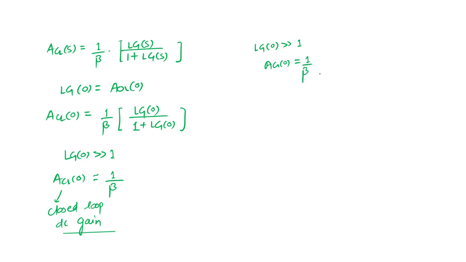And what happens when the closed loop gain is 1 upon beta? Ideally, the loop gain is beta times AOL. If this is much greater than 1, that is, if AOL(0) is much greater than 1 upon beta, then our error is minimum.